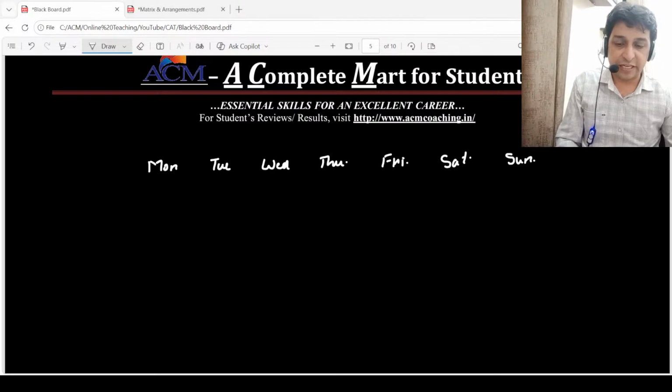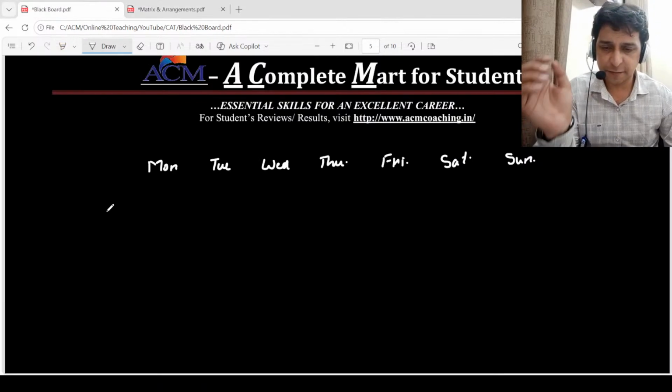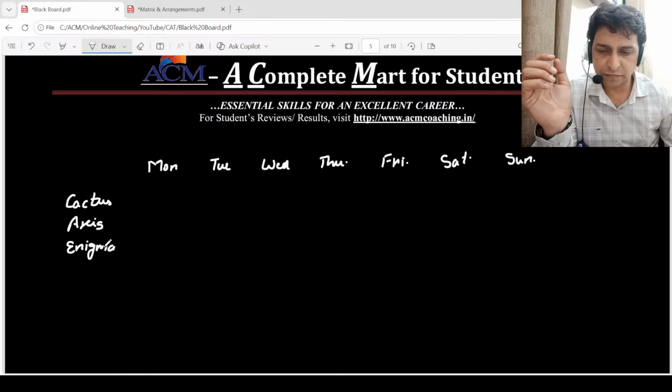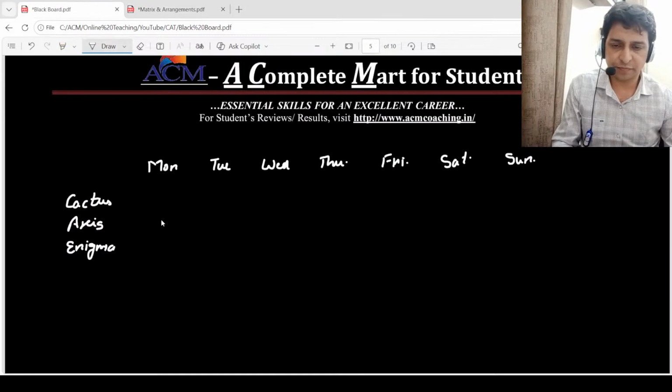And then we have the names of the bands, which are Cactus, Axis, Enigma, Boom, Fish, Doom, and Bodhi Tree.